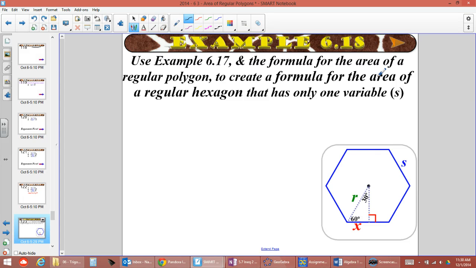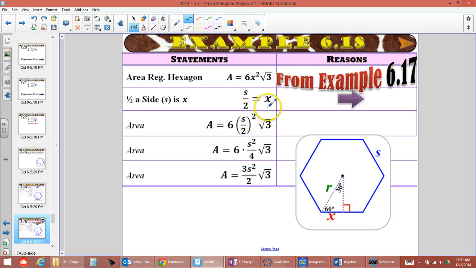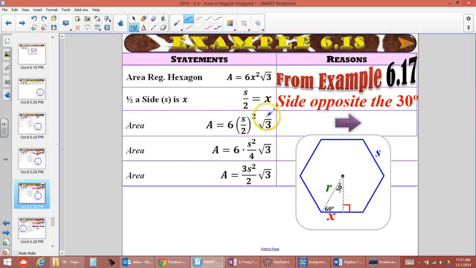Now, if I want to use that formula and find out what it is based on a whole side length, I can say, well, in reality, x is just half of a side. So I multiply both sides by 2. There. We're going to go straight substitution. If I take the x and plug in s over 2, that's what it really represents.